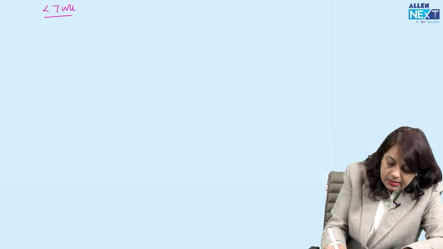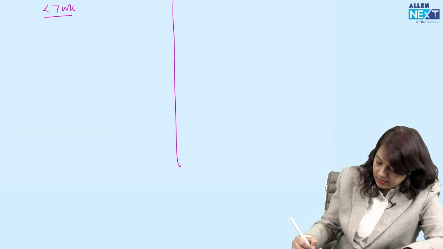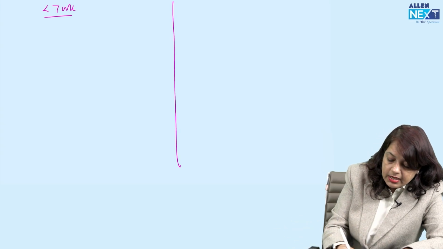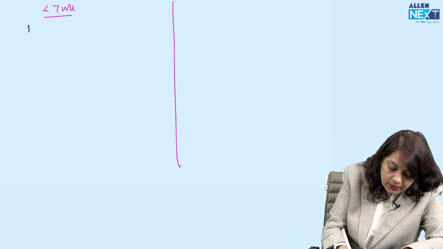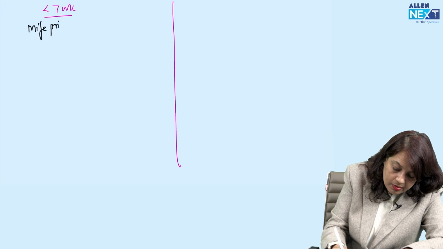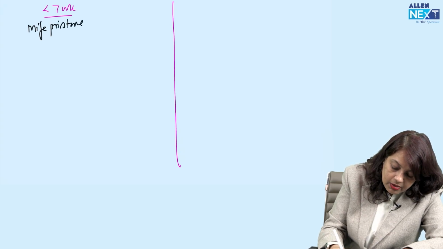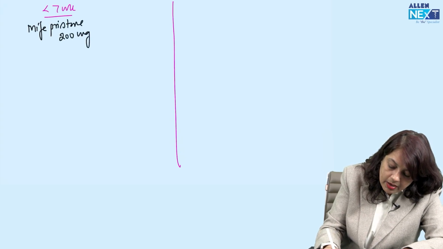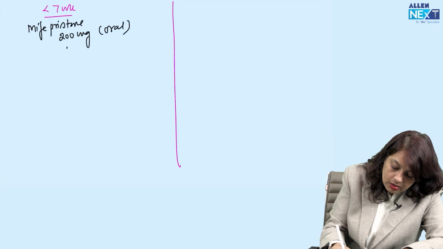Now let us see how it has been given. Now, if the period of gestation is less than 7 weeks, then mifepristone is given 200 milligrams oral.